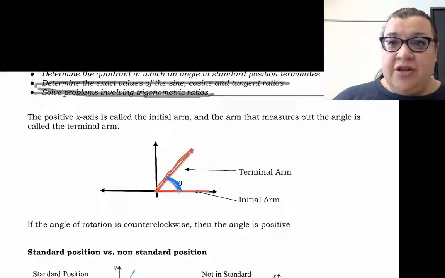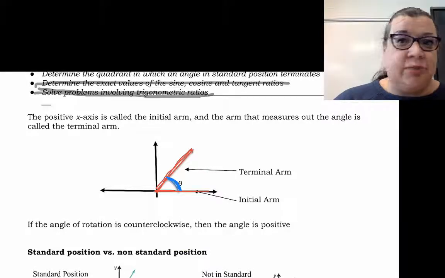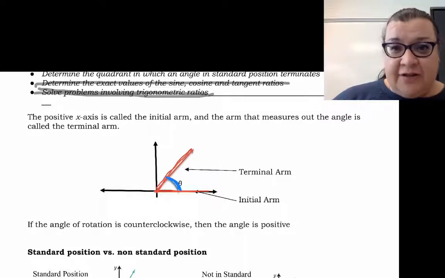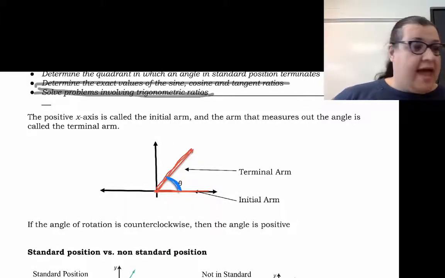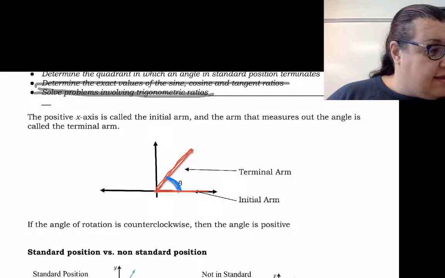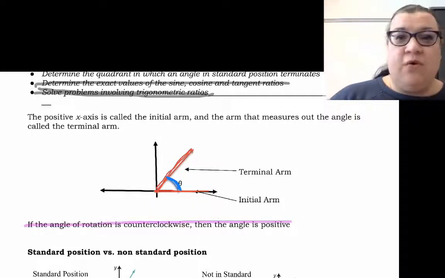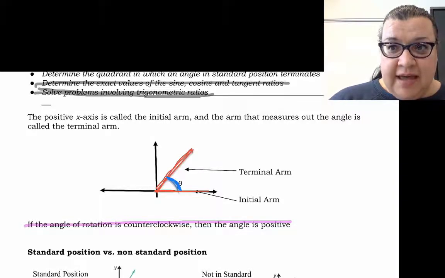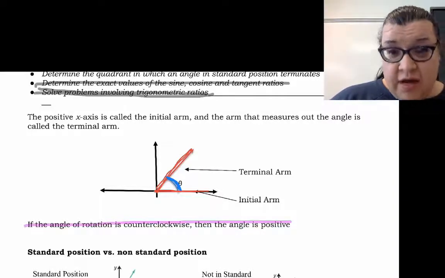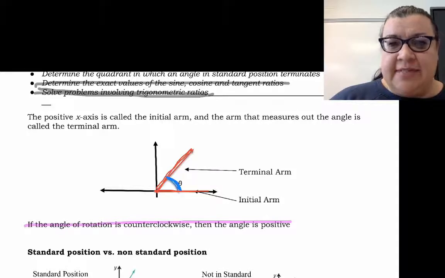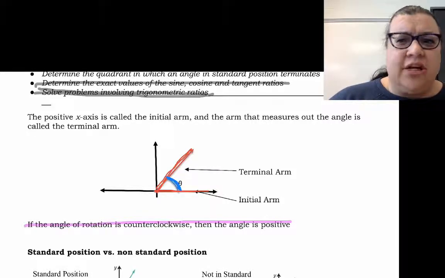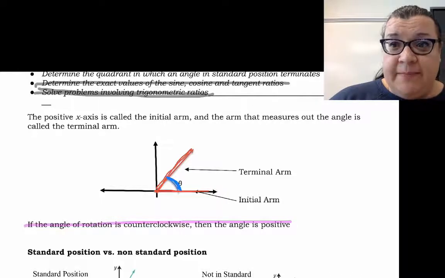So this is what an angle looks like when it is in standard position. We've got the initial arm on the positive x-axis, we've got the terminal arm somewhere on the coordinate grid, and our vertex is at the origin. Okay? And as it says there, as a note, the angle of rotation is always counterclockwise. We're going to see sometimes in the future, in grade 12 specifically, when we go in a clockwise way.